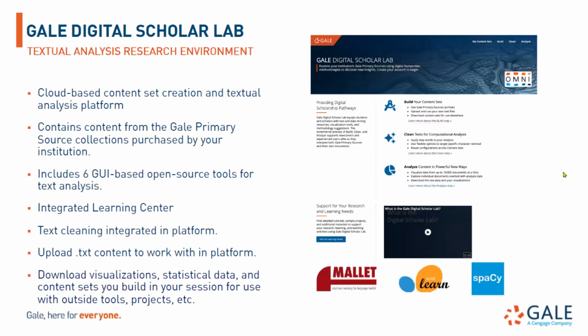So just a quick overview of the Digital Scholar Lab. For those of you who were not here for our first session on building a set, it is a cloud-based content set creation and textual analysis platform. It brings together a lot of material, for example, the Gale primary sources and a lot of collections. You can add your own text documents if you want.